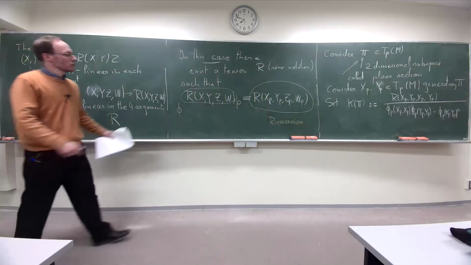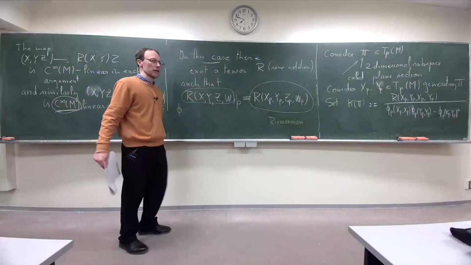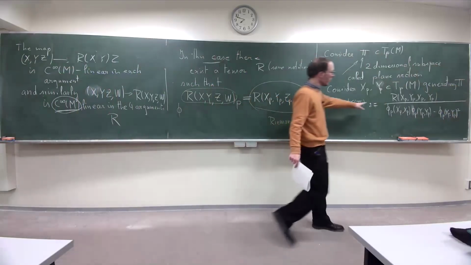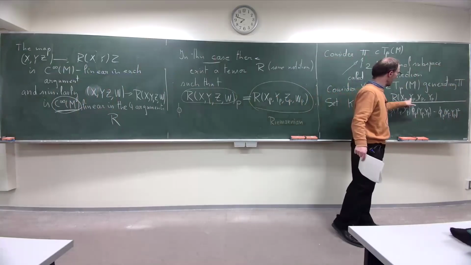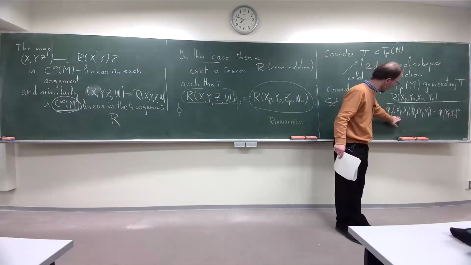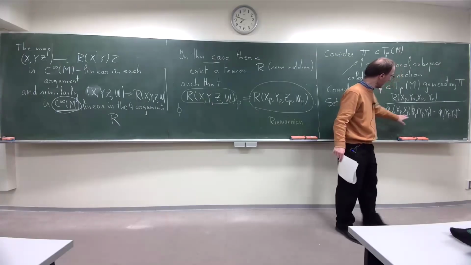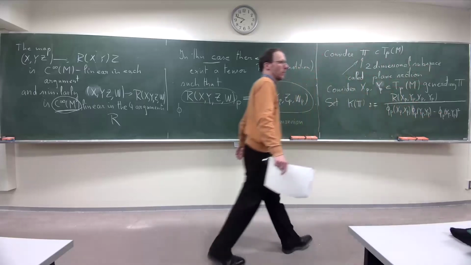So I need to use this fact that there is a tensor, not only a tensor field. So I define this quantity, which is R, evaluated at xp, yp, xp, yp, and I divide by the norm of xp squared, the norm of yp squared, minus the scalar product between these two squared.